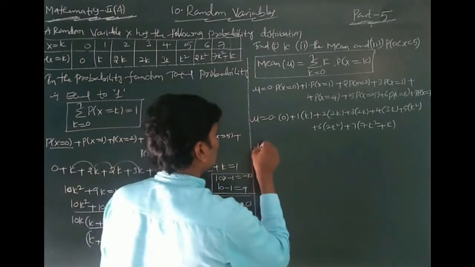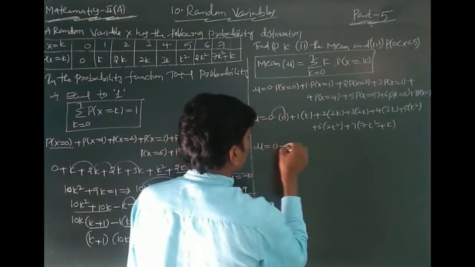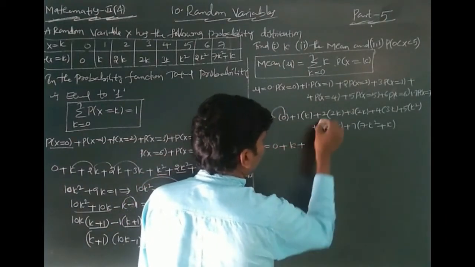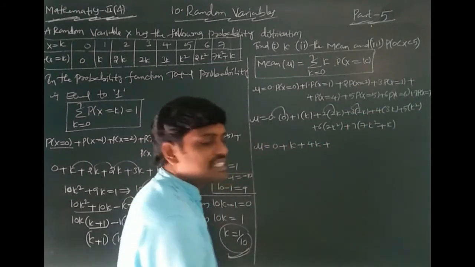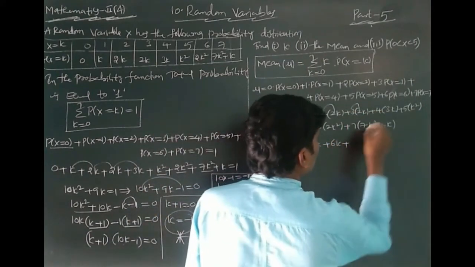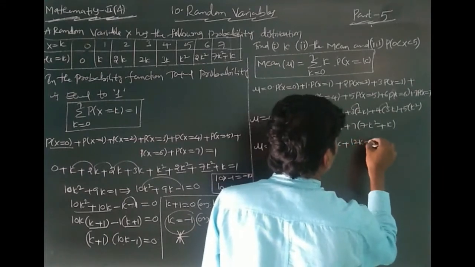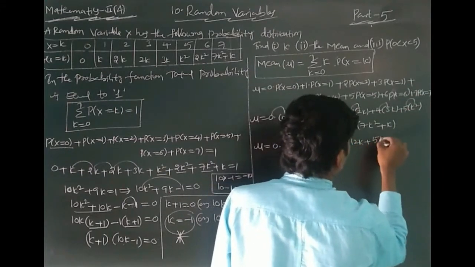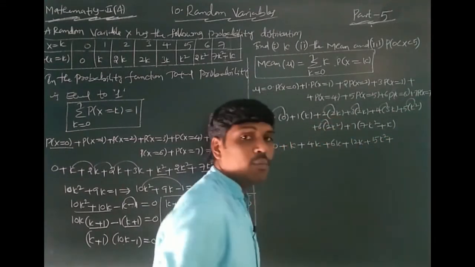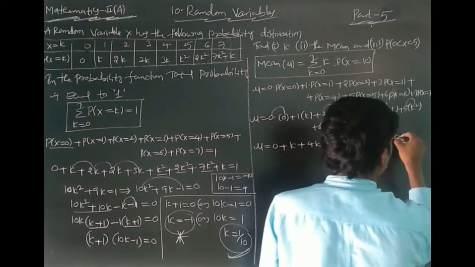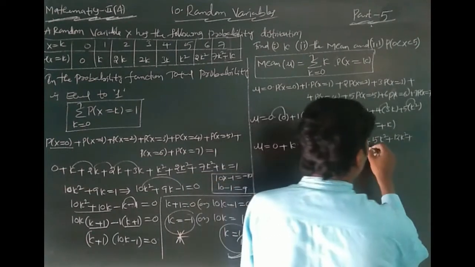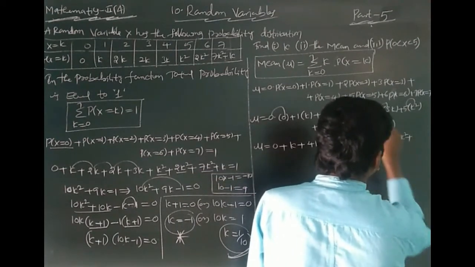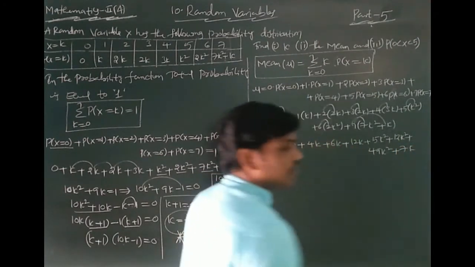Next, mu equal to 0 into 0, plus 1 into k, 2 into 2k is 4k, 3 into 2k is 6k, 4 into 3k is 12k, 5 into k square is 5k square, plus 6 into 2k square is 12k square, plus 7 into 7k square is 49k square, plus 7 into k, you get 7k.